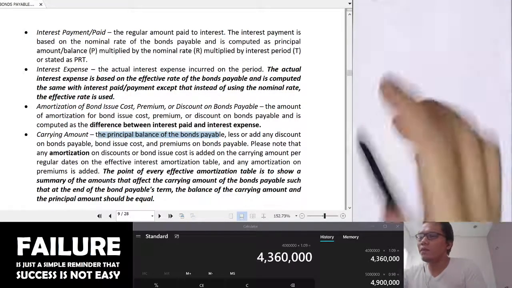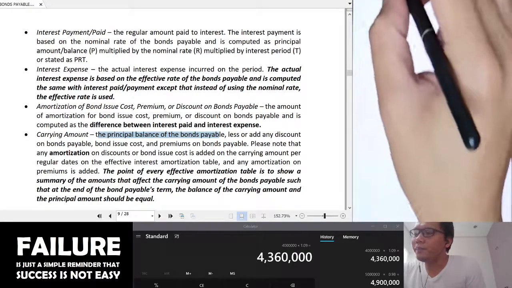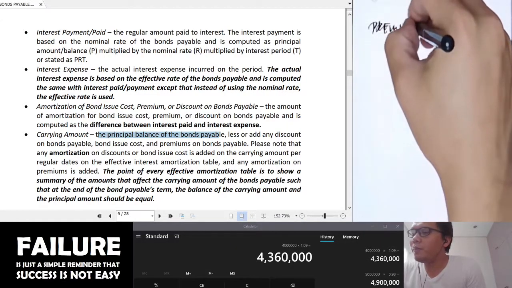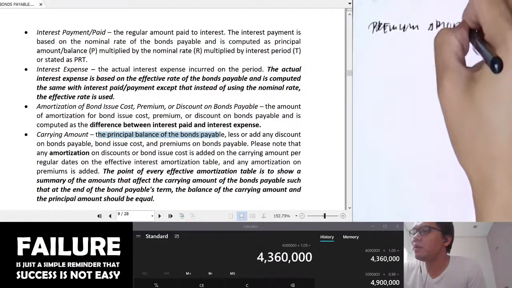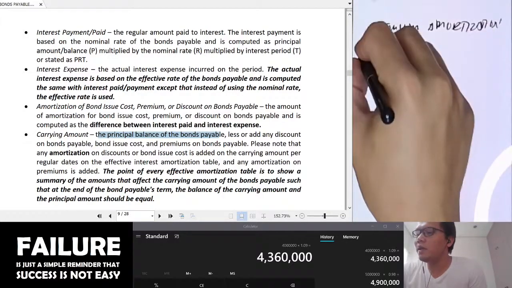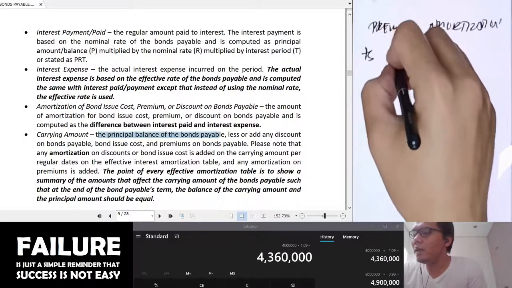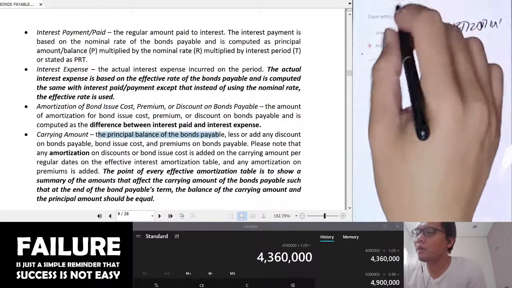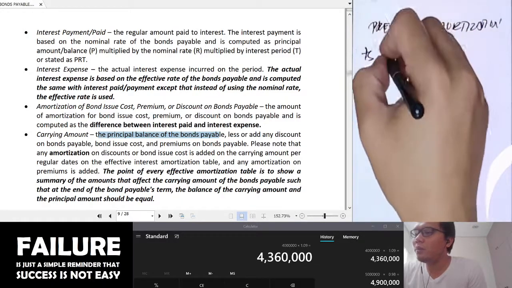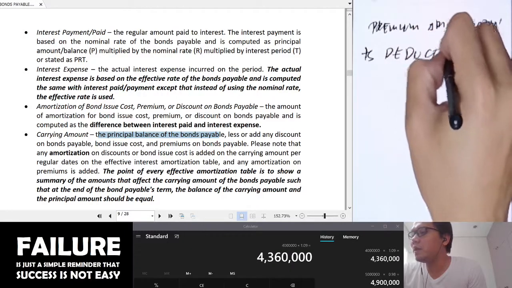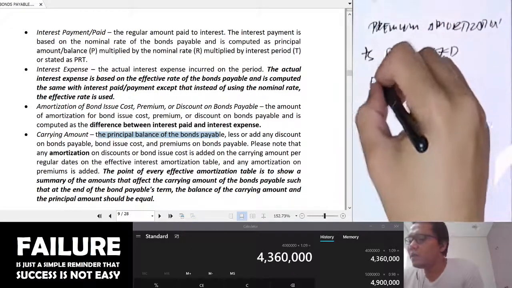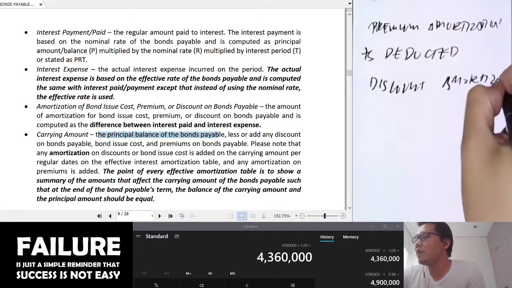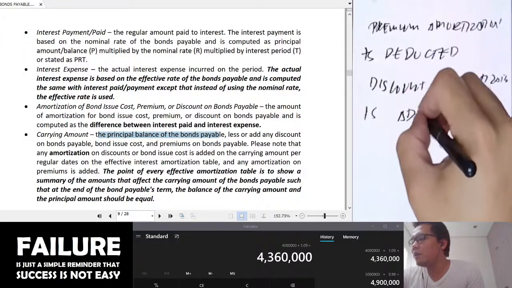So again, premium amortization, how to remember this: any premium amortization is deducted, any discount amortization is added.